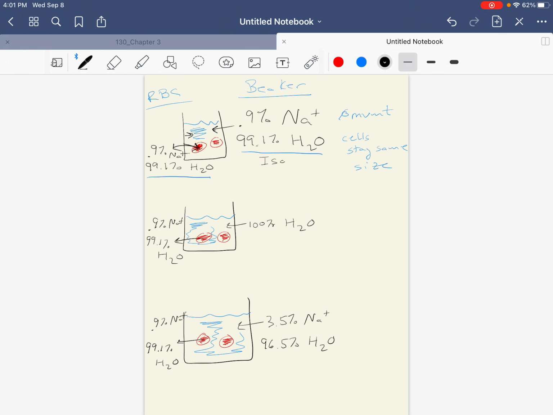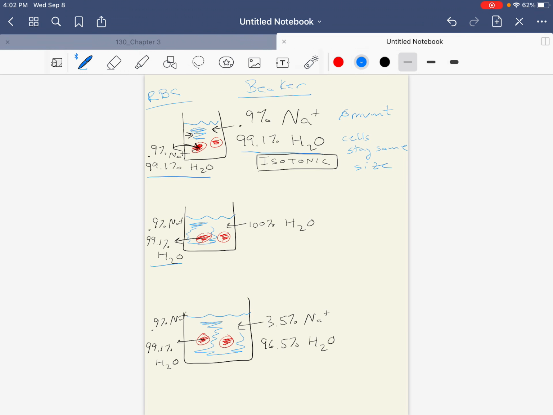This type of solution is called an isotonic solution. Iso tells us something about the same. So in an isotonic solution, the fluid compositions inside the cell and outside the cell are the same. So there's no diffusion of those particular things, which means the cells stay the same size.